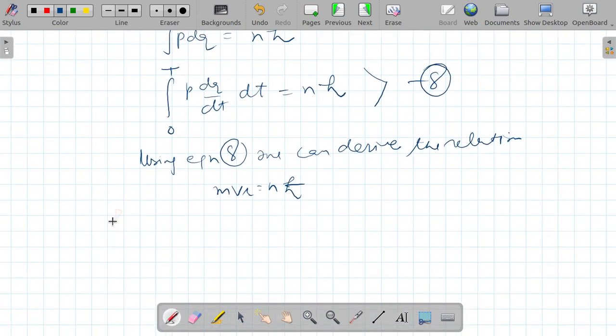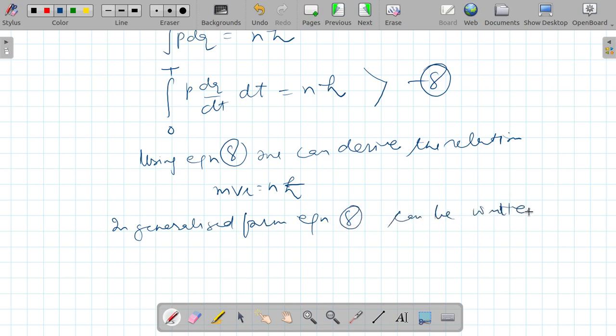And in a generalized form, equation 8 can be written as the integral of p_r dq_r is equal to n_r h, where r can take 1, 2, 3 and so on, right?